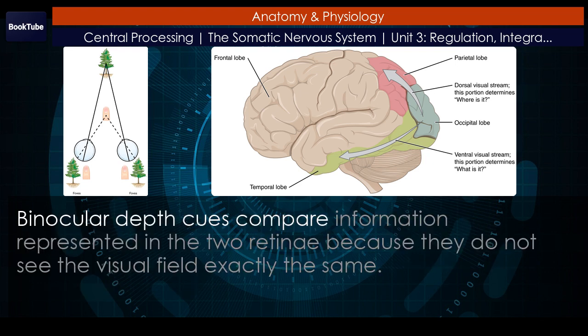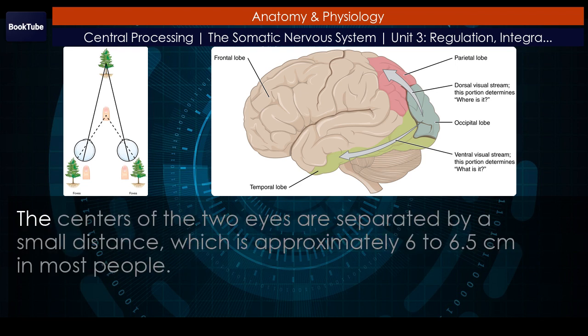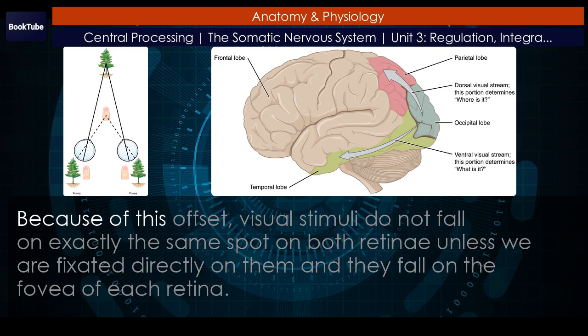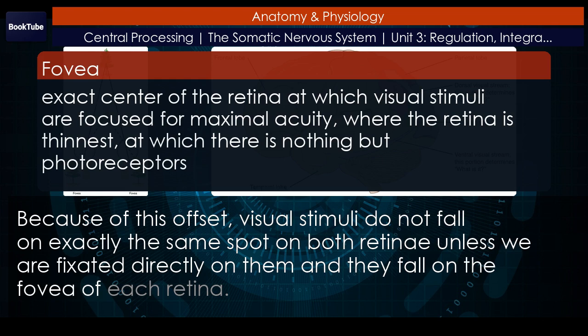Binocular depth cues compare information represented in the two retinae because they do not see the visual field exactly the same. The centers of the two eyes are separated by a small distance, which is approximately 6 to 6.5 centimeters in most people. Because of this offset, visual stimuli do not fall on exactly the same spot on both retinae unless we are fixated directly on them and they fall on the fovea of each retina.